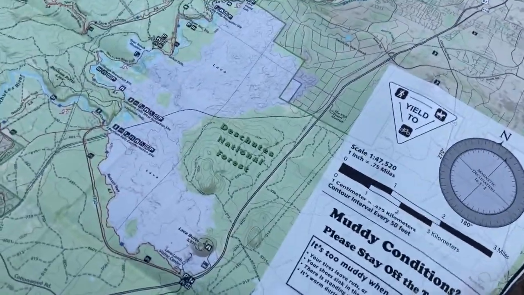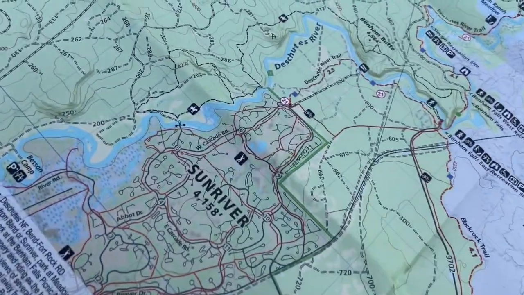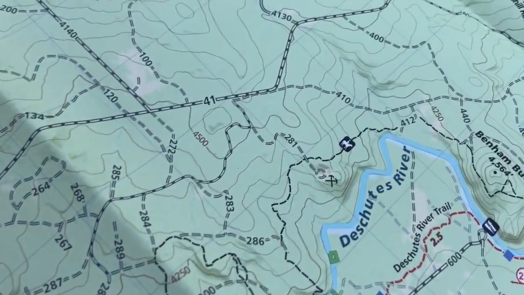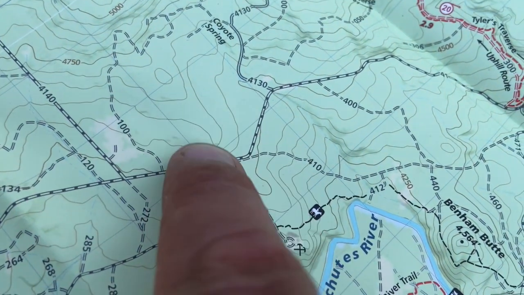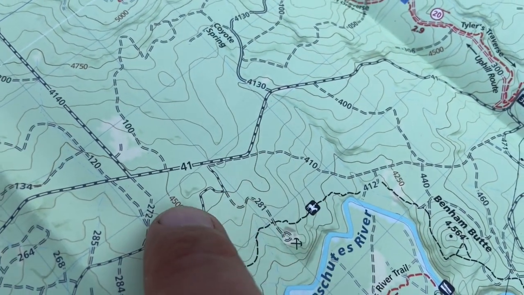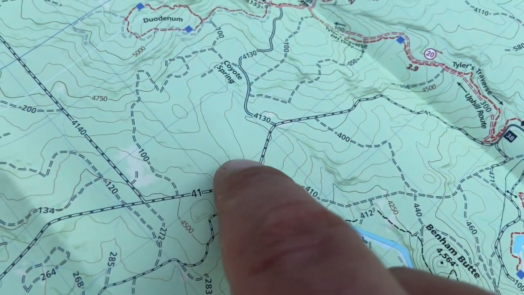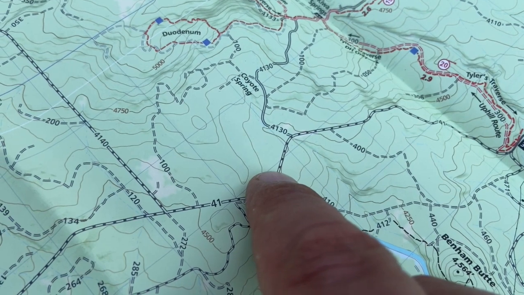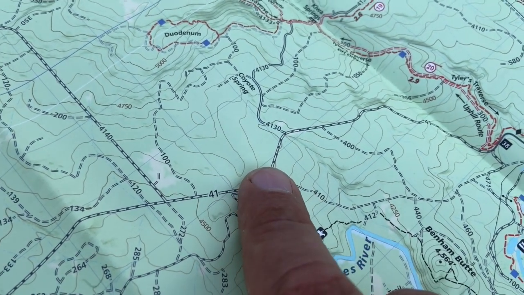So next one I want to talk about is some different parts of the map. So the first thing I want to talk about is these lines right here. See these thin lines? These are called contour lines. I'm not talking about these dotted ones. I'm talking about these thin ones here. And what they do is they help you understand elevation.